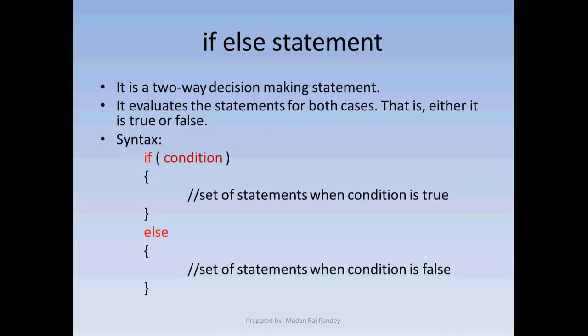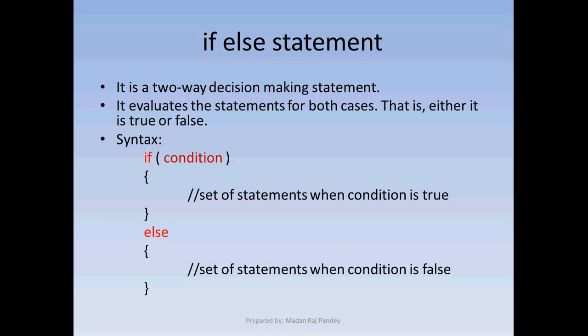So let's move on to our next section, that is the if else statement. It is a two-way decision making statement because it evaluates the condition, and if the condition is true, it executes certain statements, and if the condition is false, it executes the optional set of statements, like it is shown in the syntax.